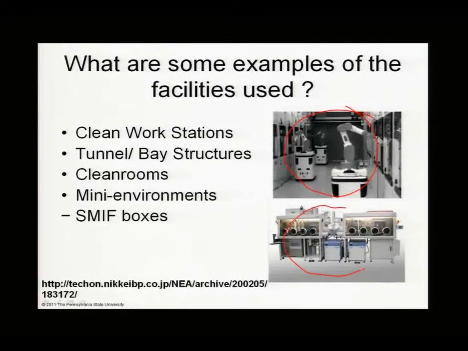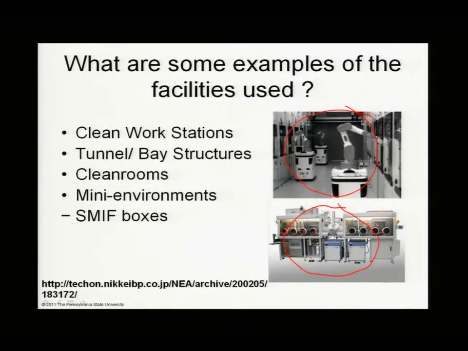This is a glove box type, where the work is actually done inside control volumes defined inside these boxes, and workers put their hands in through these rubber openings to manipulate. So here's an example where all the manipulation is done by a robot in a very carefully controlled environment.